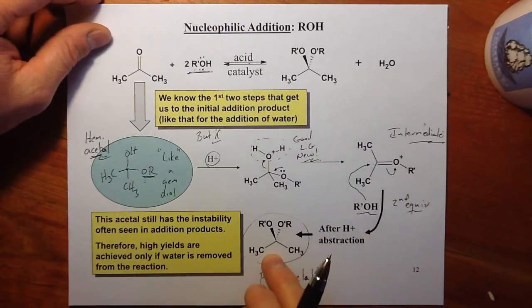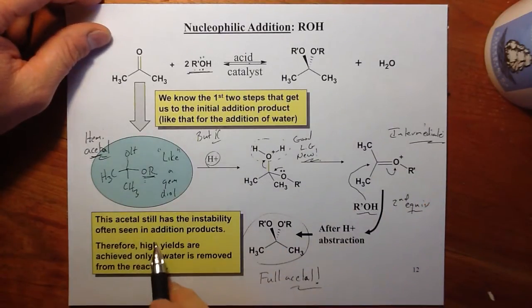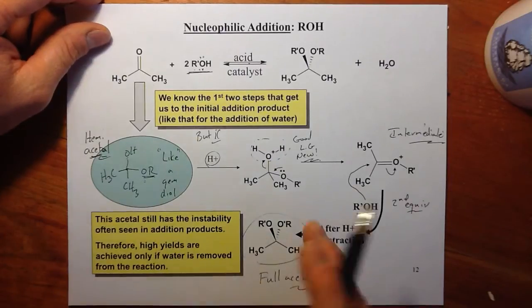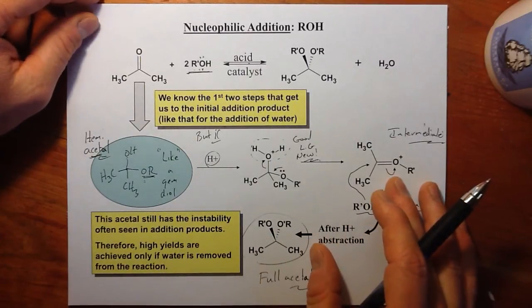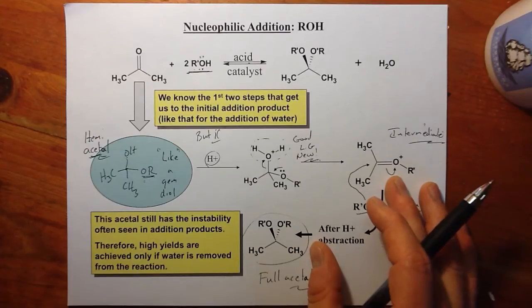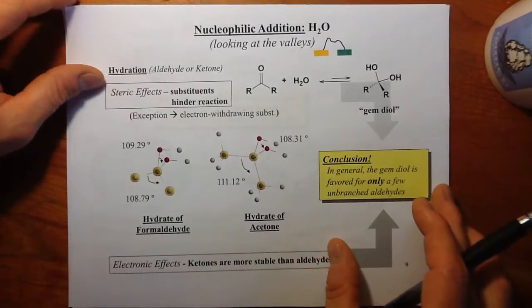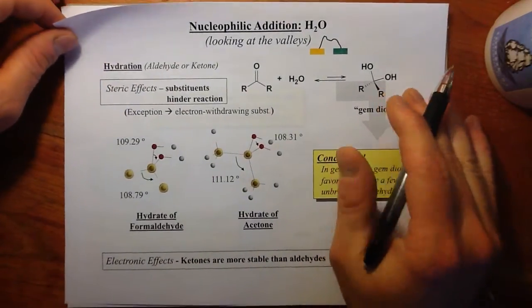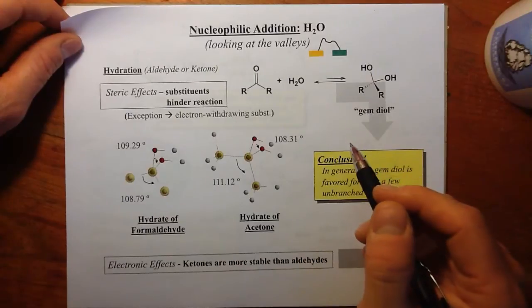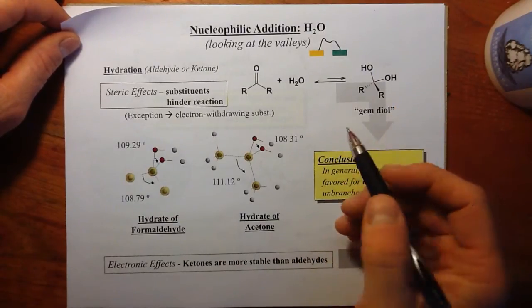This acetal that we have on the right still has this instability that's often seen with addition products. We had said in the early part of this discussion, and skipped this slide, that addition products are hard to stabilize.